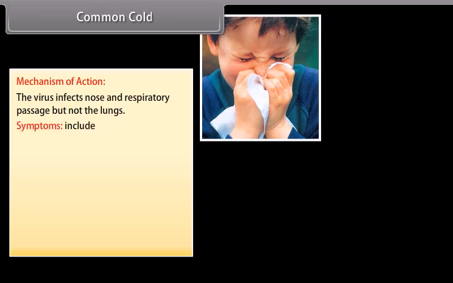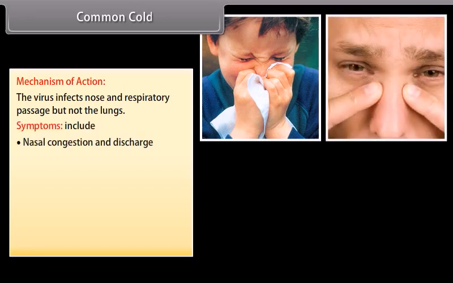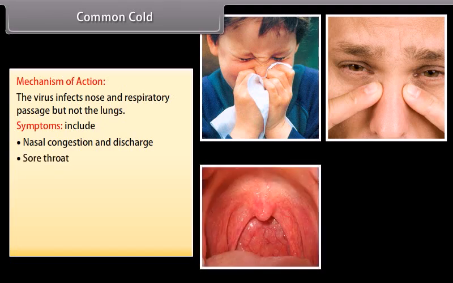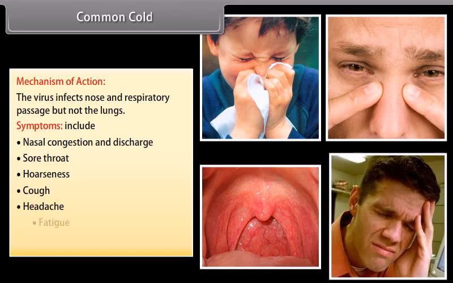Symptoms include nasal congestion and discharge, sore throat, hoarseness, cough, headache, fatigue. The symptoms usually last for 3 to 7 days.